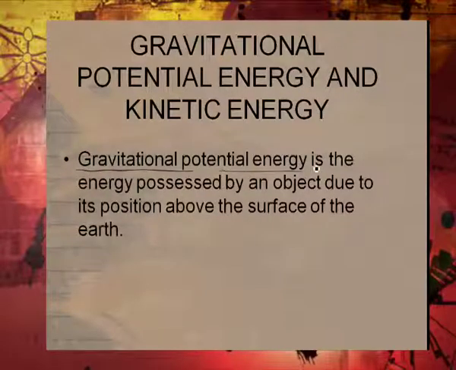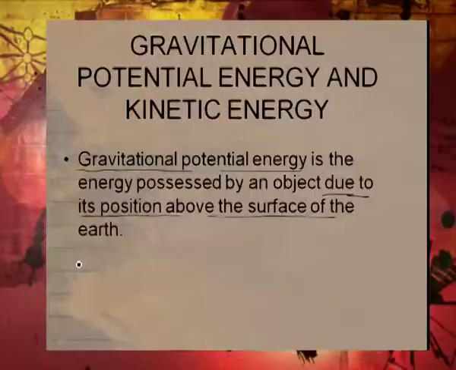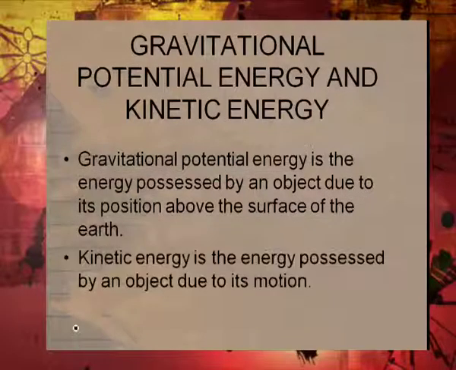Gravitational potential energy is the energy possessed by an object due to its position above the surface of the earth. Objects around the surface of the earth will have different gravitational potential energy depending on where they are and also depending on their masses, because that depends on the mass as well, as we're going to see now.